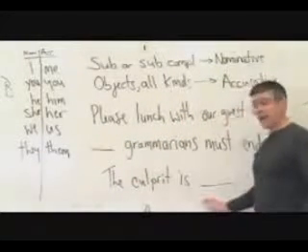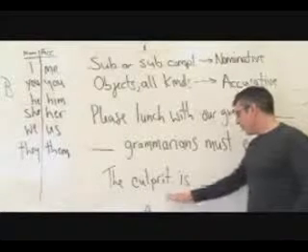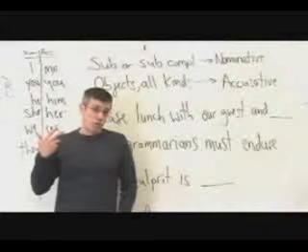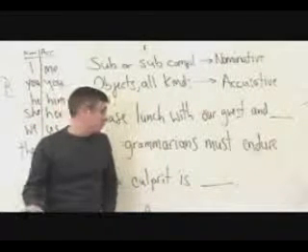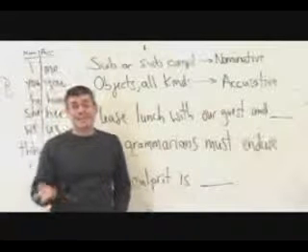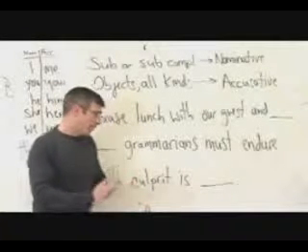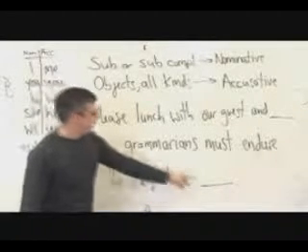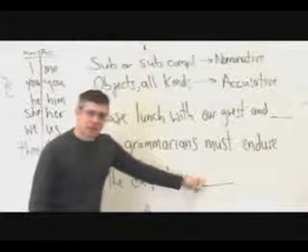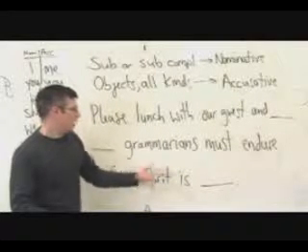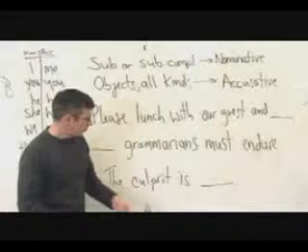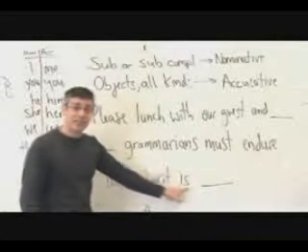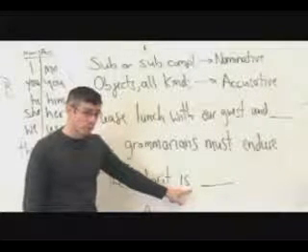And this final example I'm giving here, the culprit is blank. Should we say him or he? The culprit is him or the culprit is he? Well, we have to look at what's going on here. What is going to go into this space? The only thing that it can be is a subjective complement, because is is a linking verb or a copulative verb, right?